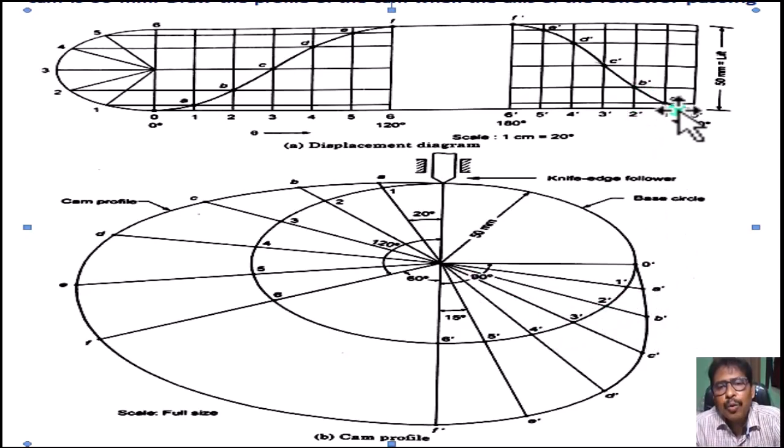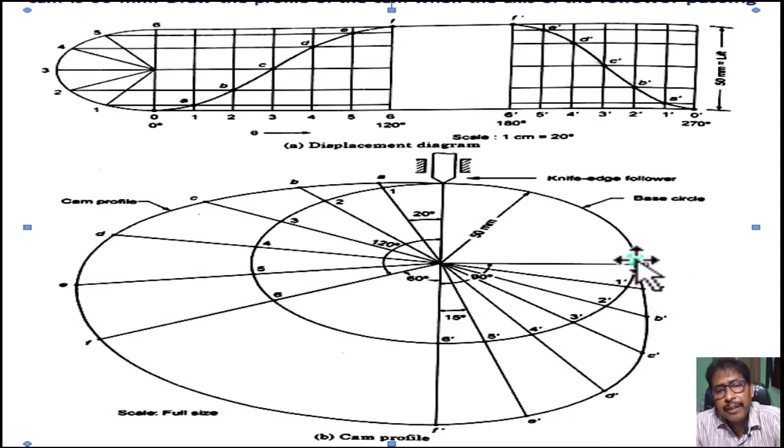Now 1 dash A dash, cut this point. Now mark these points and join F dash, E dash, D dash, C dash, B dash, A dash, O dash. This is the angle of descent.